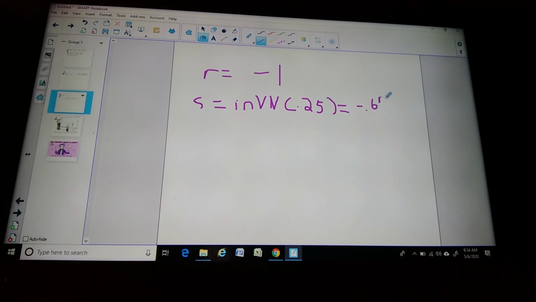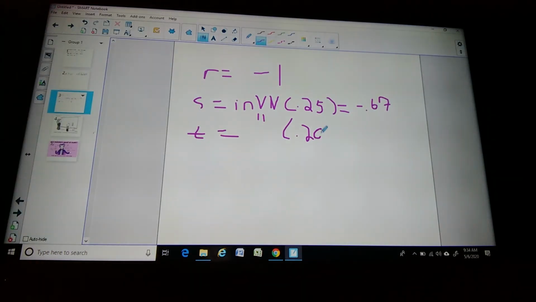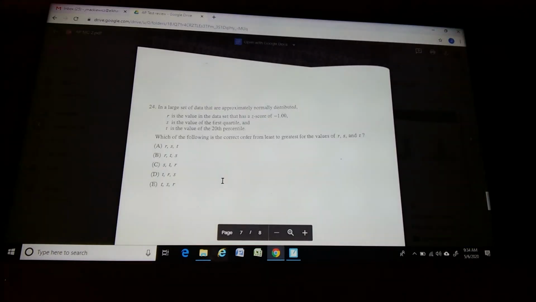That is the z-score. And for T, we're going to do inverse norm of 0.20, I believe. Yep, 20th percentile. And that turns out to be -0.84. So to put these in order would be R, then T, then S, going from least to greatest. And I believe that turns out to be B.